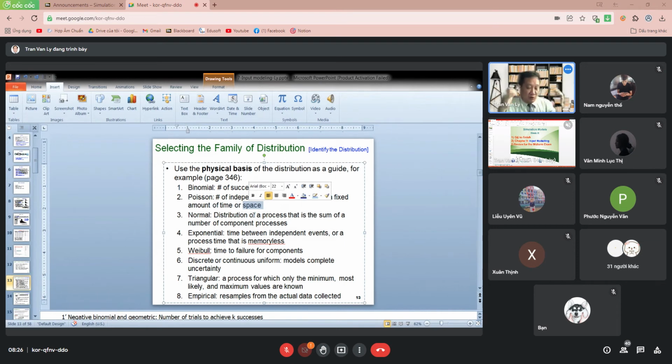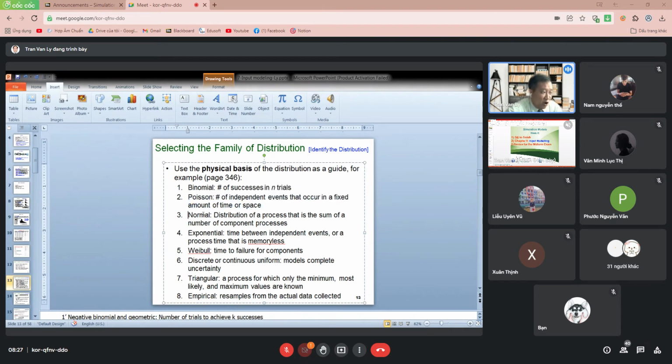You take 5 samples, etc. So the probability of defect events, of defective items occurring in 1,000 space. Maybe 1,000 bottles, maybe 1 cubic meter, etc. So this slide is very important.